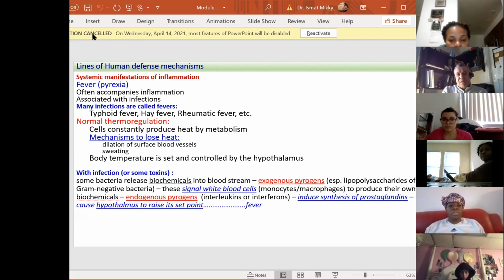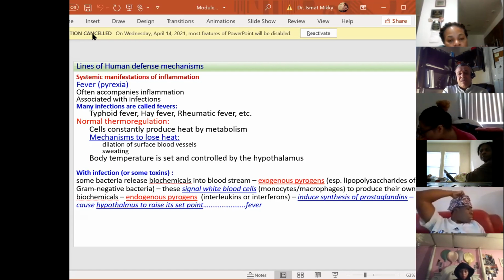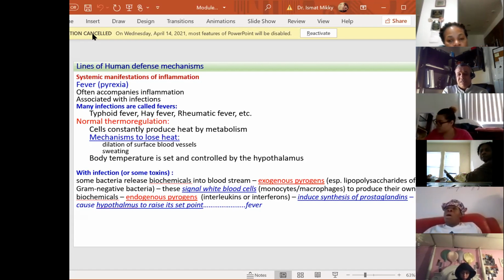which will stimulate and signal white blood cells, mostly macrophages and monocytes, to produce their own biochemicals. They will encourage macrophages to produce what are called the endogenous pyrogens, which is why we call them cytokines. So these cytokines, like interleukins, interferons, will be produced in response to the effect of the bacteria.